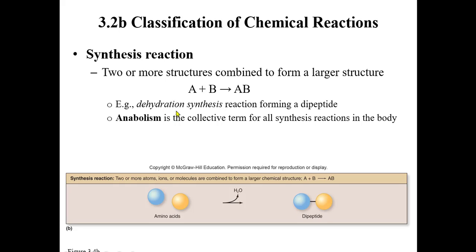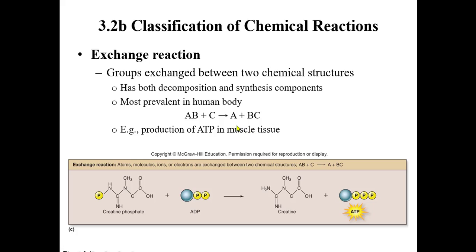We saw that last time too with dehydration, where water was removed to join two things together. And this is the exchange one, where AB plus C breaks down to A plus BC. They simply change places. You will not see too much of this.